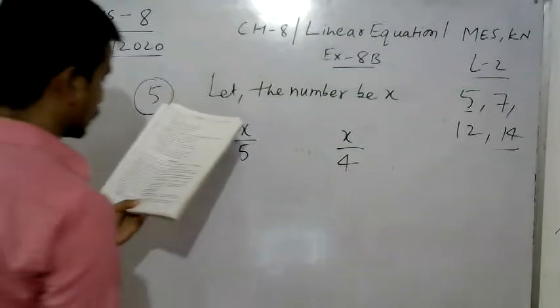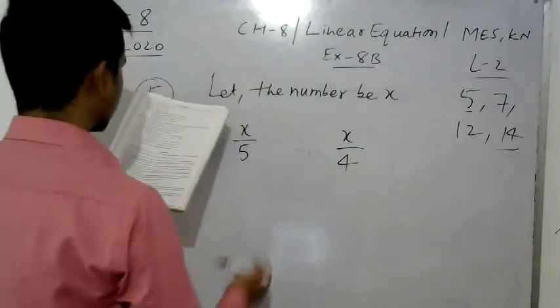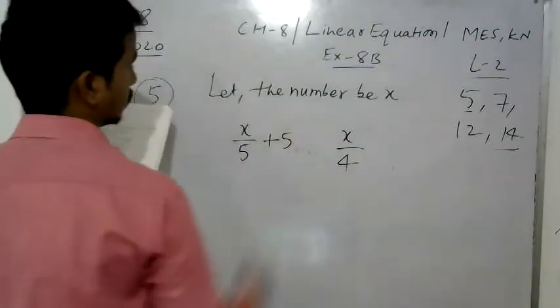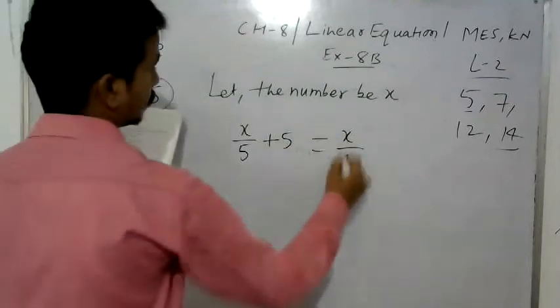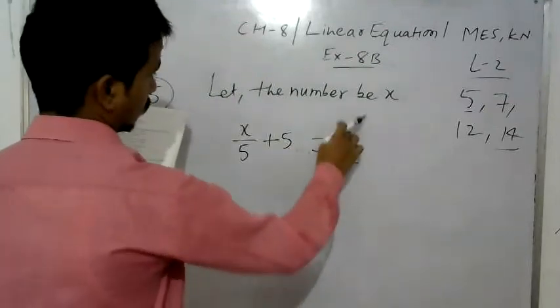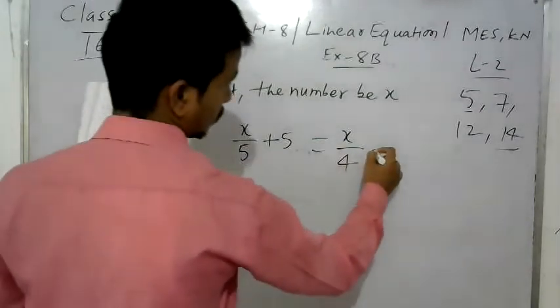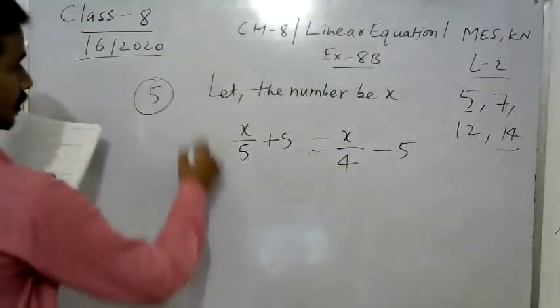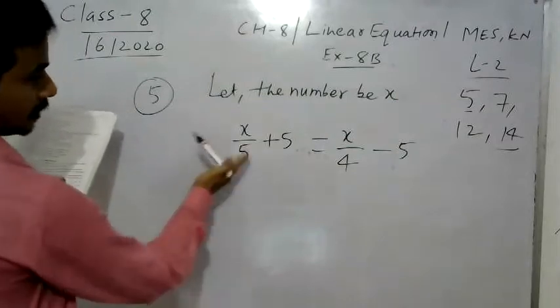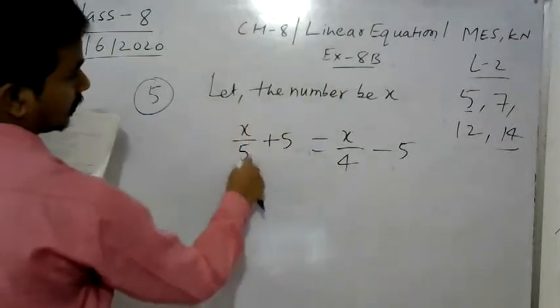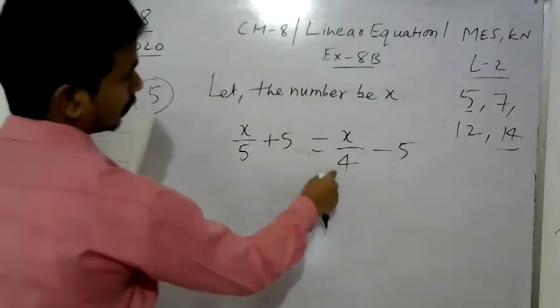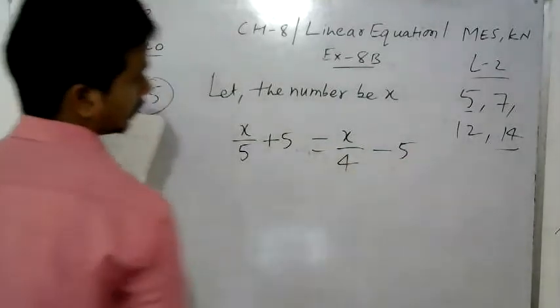Now the question says that if we increase the fifth part by 5, this equals the fourth part diminished, which means decreased, by 5. Now in this way we have formed the equation. The fifth part of that number increased by 5 is equal to the fourth part of that number decreased by 5.